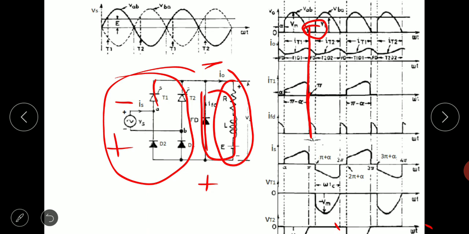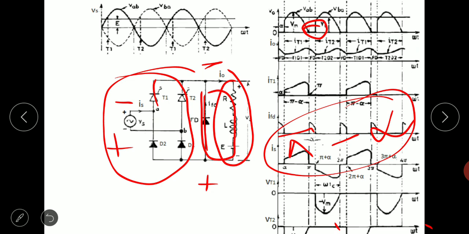It is not conducting for the full 180 degrees. It is conducting only between alpha and pi. That means the conduction angle is pi minus alpha and the conduction time is (pi minus alpha) by omega. In terms of angle, this is less than 180 degrees.